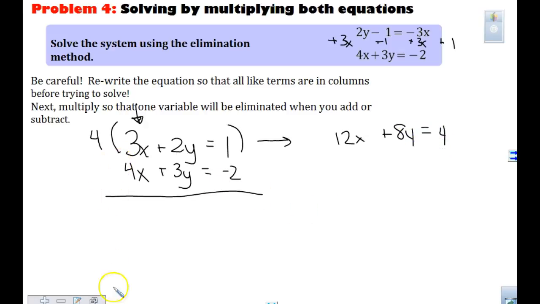The second equation, I'm going to multiply every single thing to get 12 again. 3, but I want negative 3 because I want the signs to be opposite so that my x's will eliminate. So I have negative 12x, minus 9y, and plus 6.